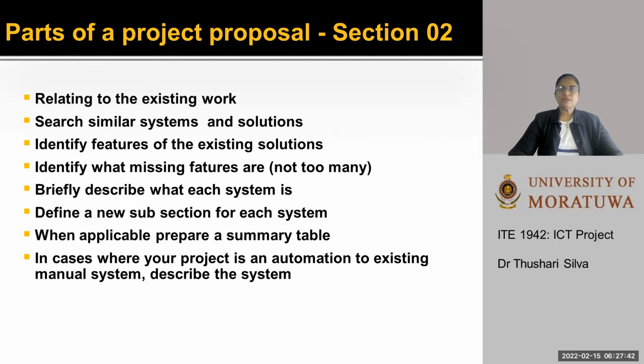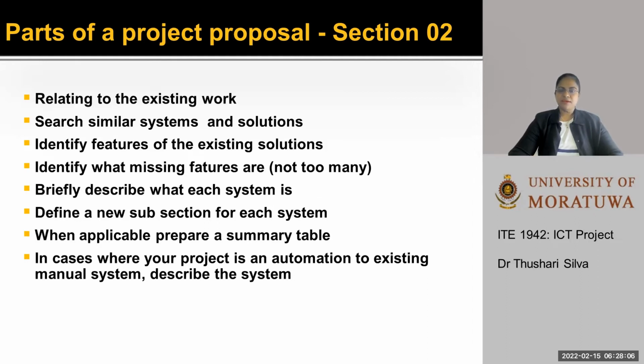Where applicable, you can have a summary table which depicts the features of each and every system and identifies their problems and their positive aspects as well. This summary table will give you a brief summary of the entire literature, the entire related work, and state-of-the-art problems.